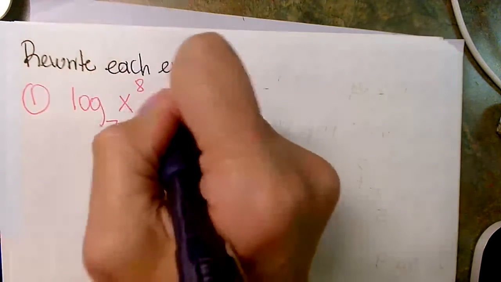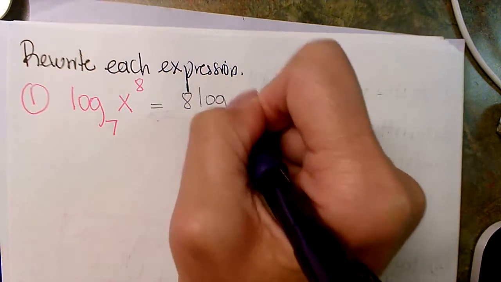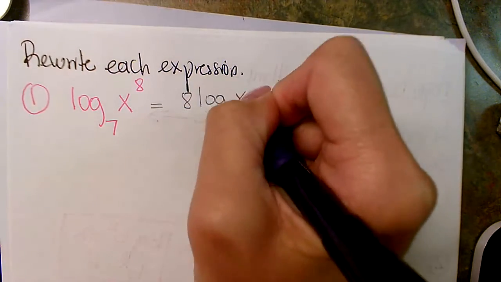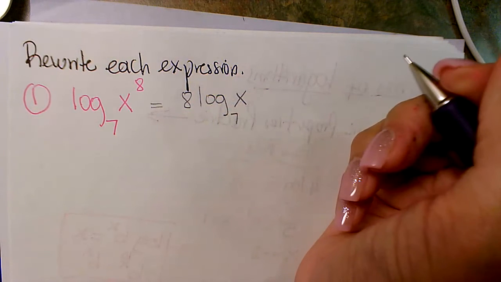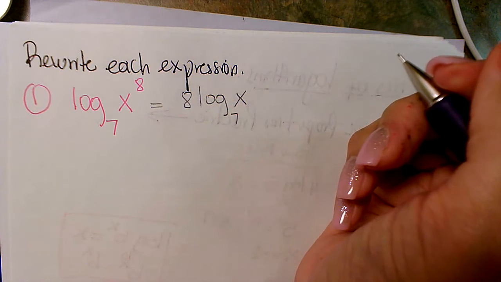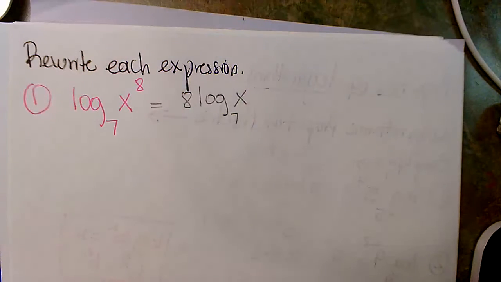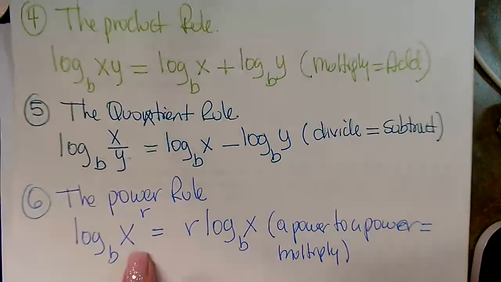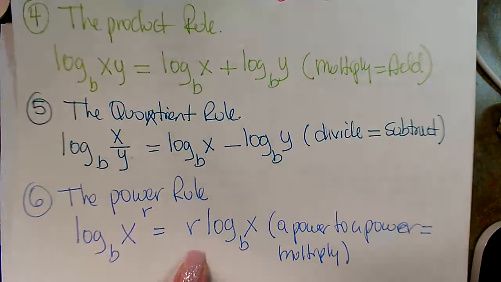Okay, power to a power, so bring the 8 down. 8 log base 7 of x. I'm done. Because I'm applying, it's right here, the power rule. I brought down the exponent.